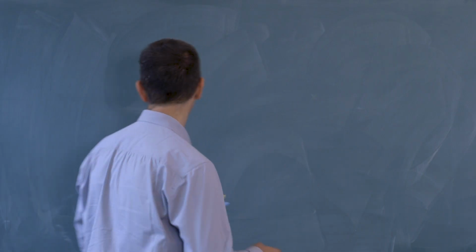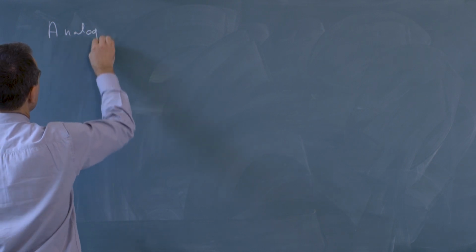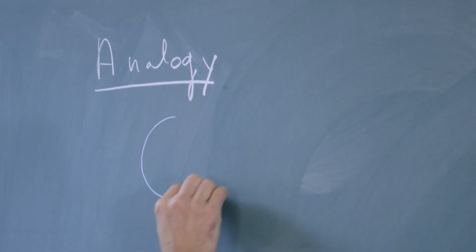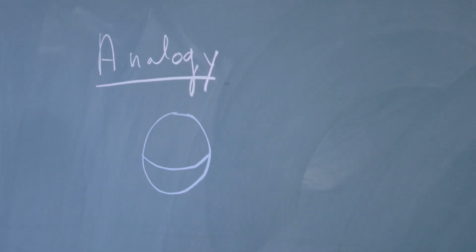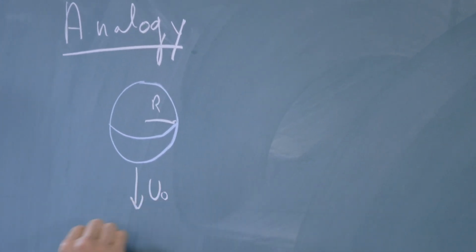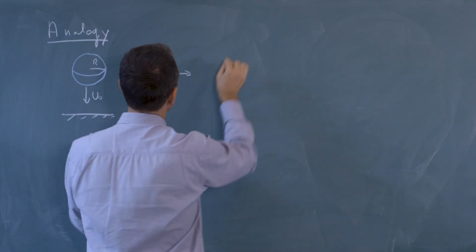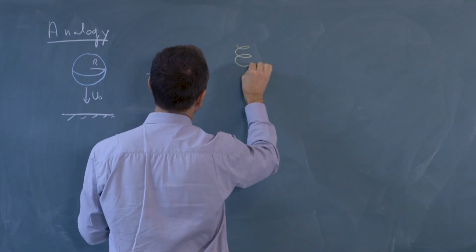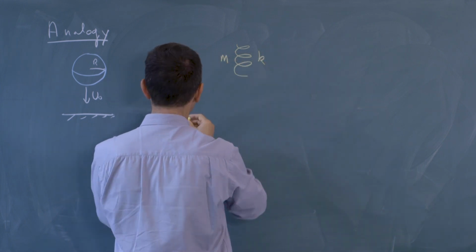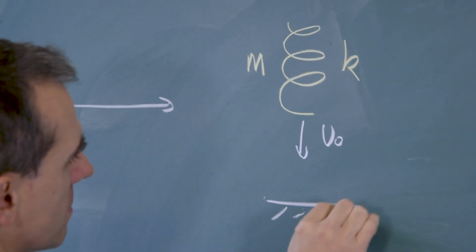To discuss the contact time, we are going to use an analogy. An analogy between the impacting drop that comes to the surface at the velocity u0 and an impacting spring that would have a stiffness k and a mass m, also coming towards the surface with the velocity u0.